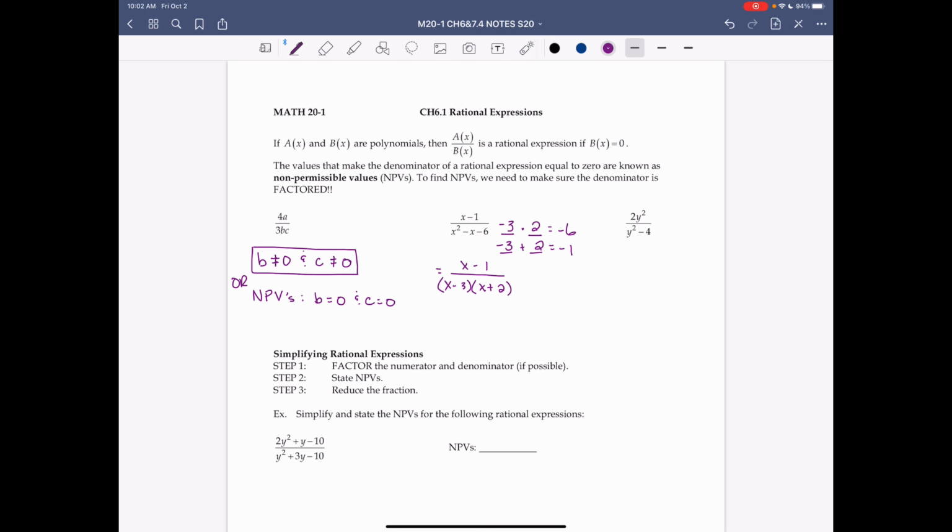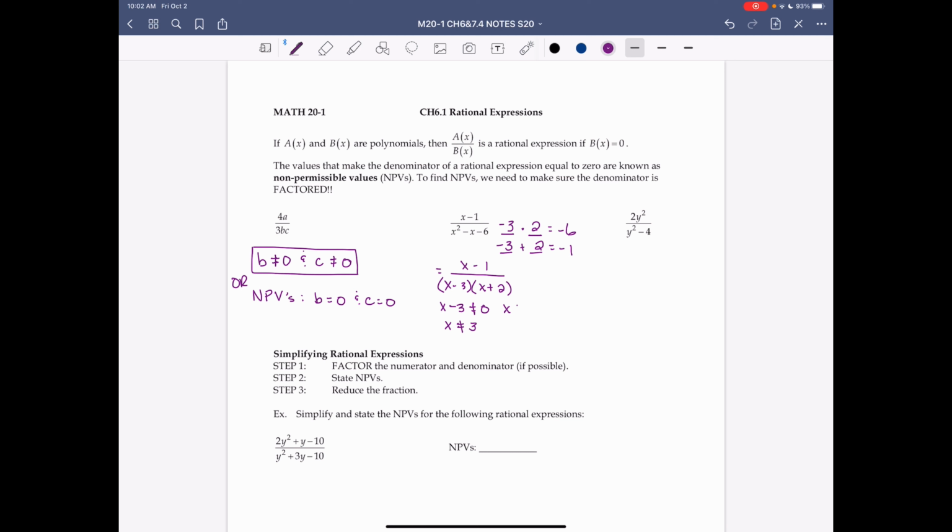We can't have our denominator equal to 0. What would make the denominator equal to 0? If either of our factors was equal to 0, because then we'd have 0 times some other number would be 0. So x minus 3 can't equal 0, which means that x can't equal 3.